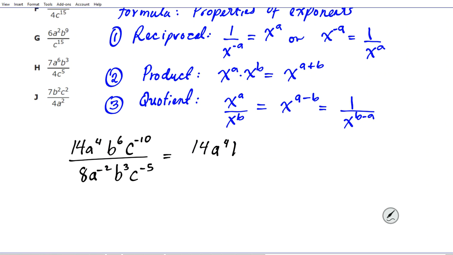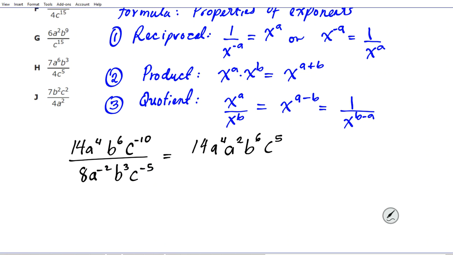a to the 4, b to the 6 stays. Let's see what's coming upstairs. We have 14 a to the 4th. Since this a is going to come up, let's put it over here. It becomes a to the positive 2 power, b to the 6th, c to the negative 5 comes up and becomes c to the 5th power.